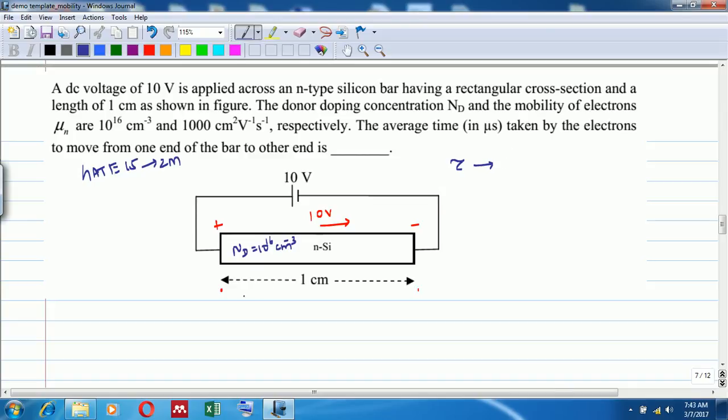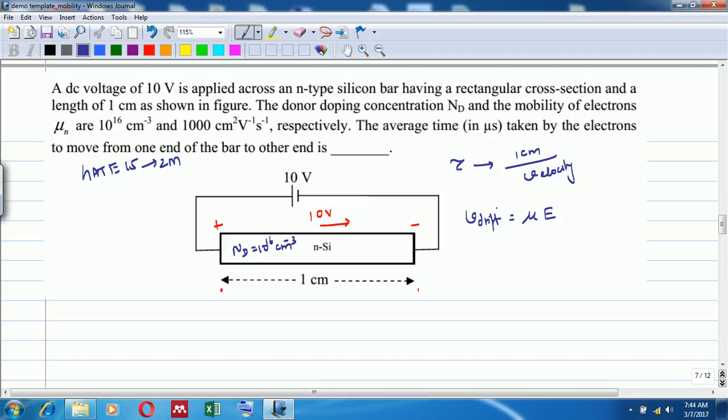We know the distance which the electron has to traverse. It is 1 centimeter. But we need to know what is the velocity with which it travels. By knowing the velocity, we can find out the time which it is taking. So what is this velocity? This velocity is nothing but the drift velocity. The drift velocity is given by mu times E.